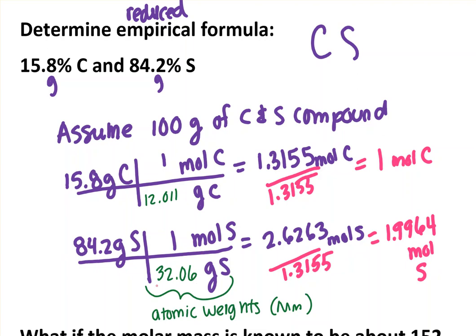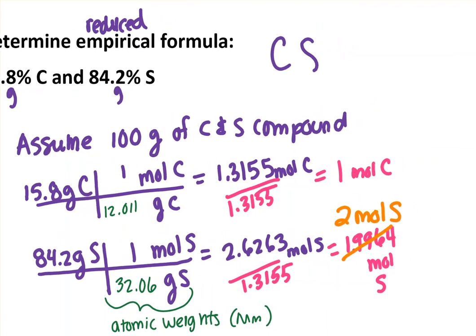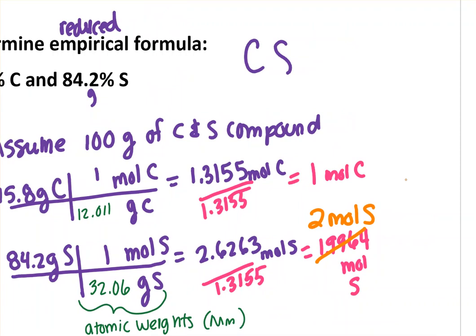Not just the atomic weight that I put in, but the original percent that I put in. So if it comes to within 3 sig figs, I had 3 sig figs here, of rounding to an exact number, then this is actually the number 2. Okay, and so there we have our empirical formula. Our empirical formula for this will be CS2.